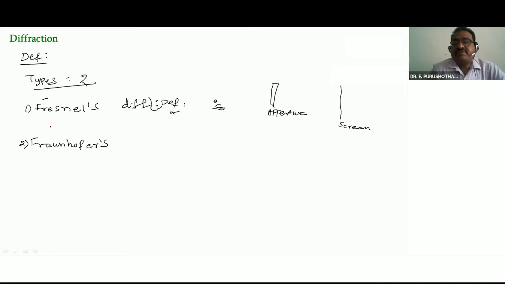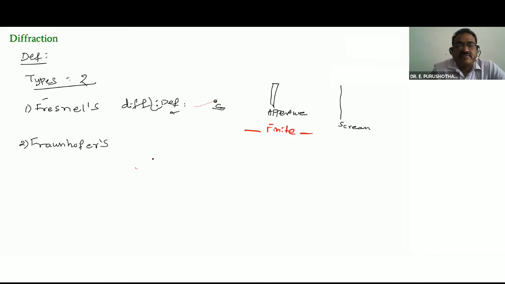The source and the screen are placed at a particular, finite distance from the aperture; that is called Fresnel diffraction.